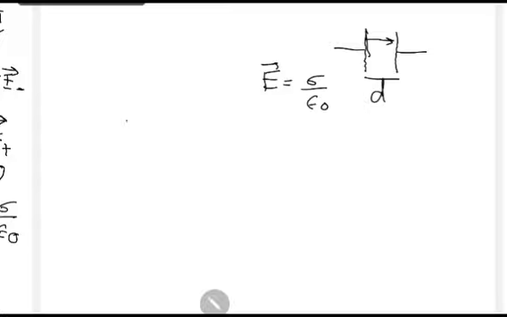Now we know the value of E, so what is the potential? Potential is electric field intensity into the distance between the plates. What is V?